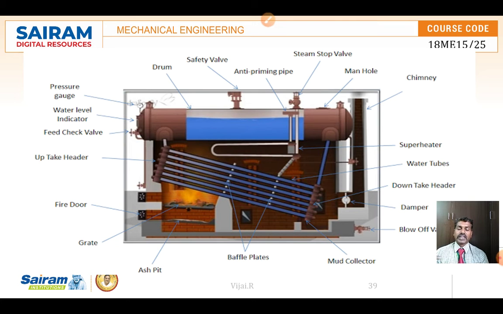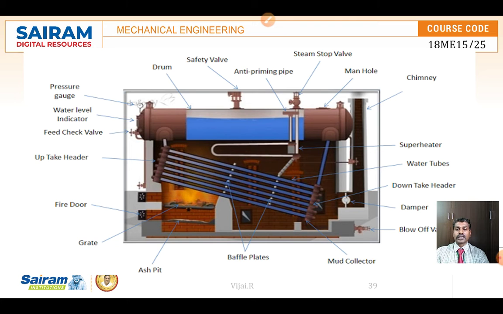So we can see the water tubes are located in an inclined manner. Normally, when water is heated up, it becomes lighter, less dense, and moves upward. So through the inclined pipelines you can see here, on the left side is the uptake header, through which the hot water enters the boiler drum.